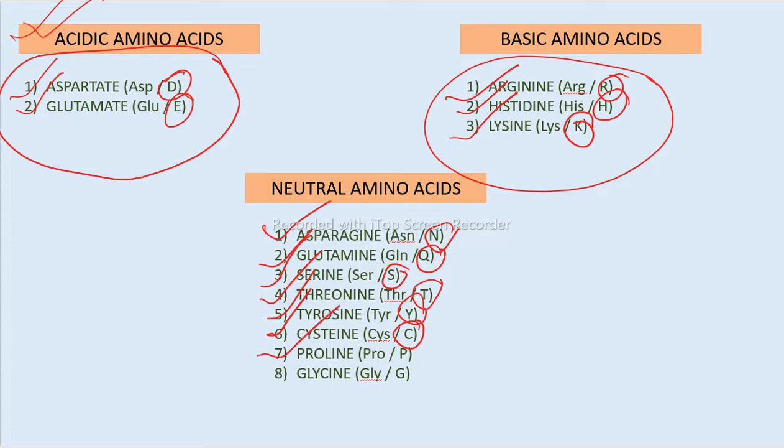And proline, P. Proline, the alpha helix breaker, is also under the neutral amino acids. Cysteine, which forms the disulfide bond, is also under the neutral amino acid category. And glycine, the simplest amino acid, also belongs to the neutral amino acid category.